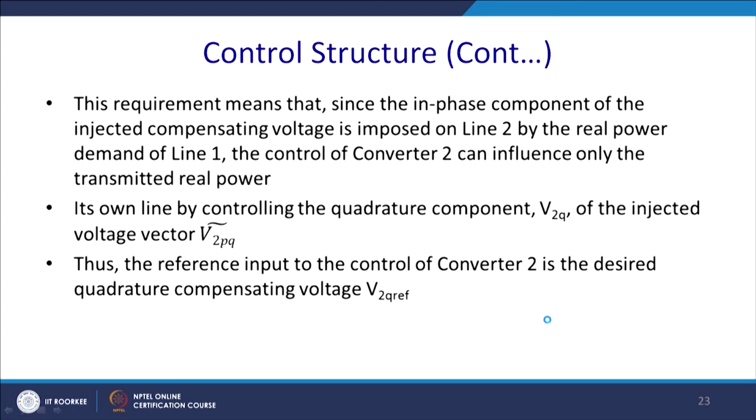Thus, since the in-phase component of the injected compensation voltage is imposed on line 2 by the real power demand of line 1, the control of converter 2 can influence only the transmitted real power on its own line by controlling the quadrature component V2Q of the injected voltage vector V2PQ. Thus, the reference input of the control of converter 2 is the desired quadrature compensating voltage V2Q ref.